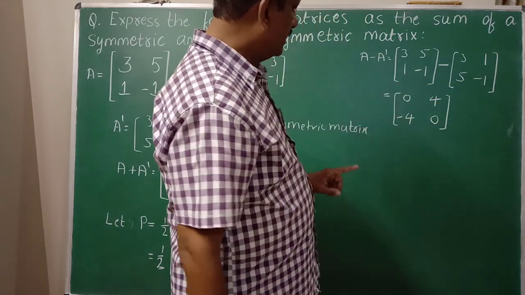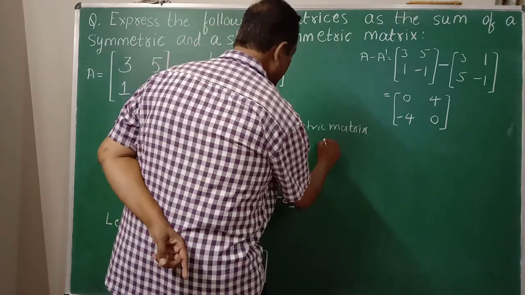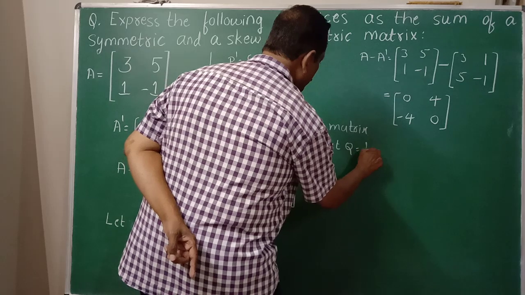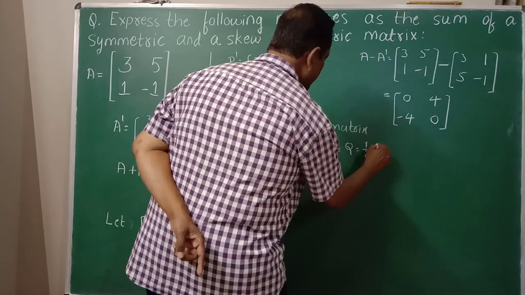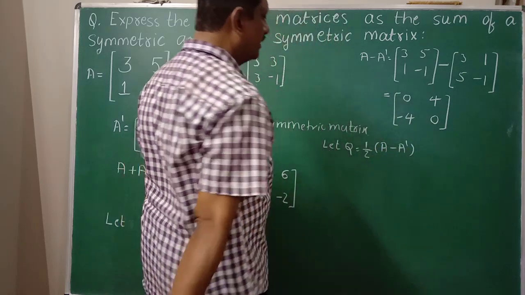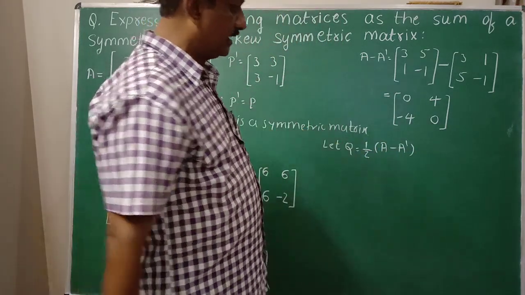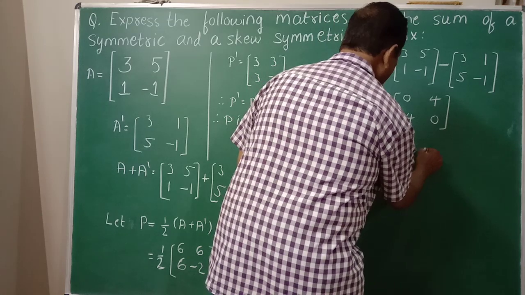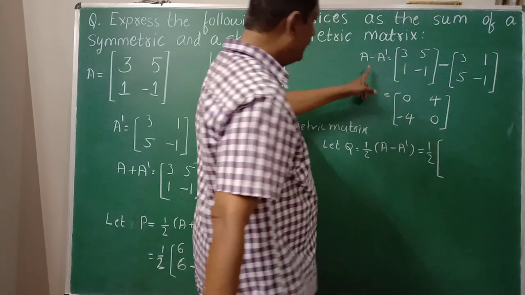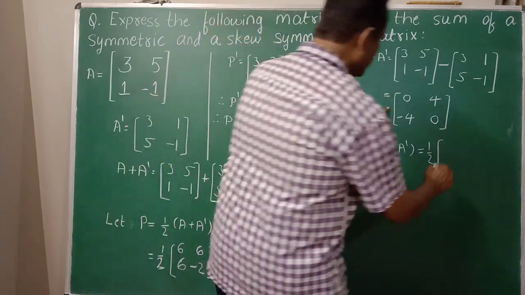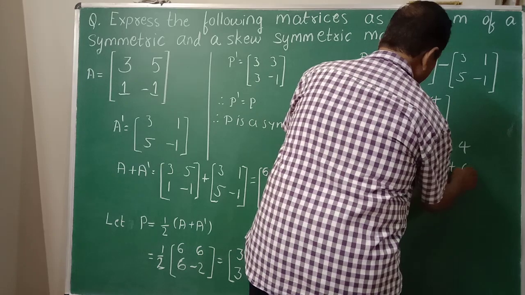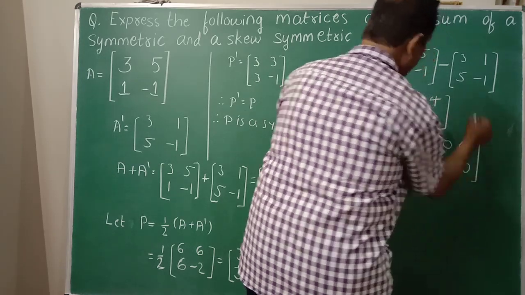Next, let us consider Q. Let Q be equal to 1 upon 2 into bracket A minus A dash. Therefore this is equal to 1 upon 2 into the matrix 0 4, minus 4 0.